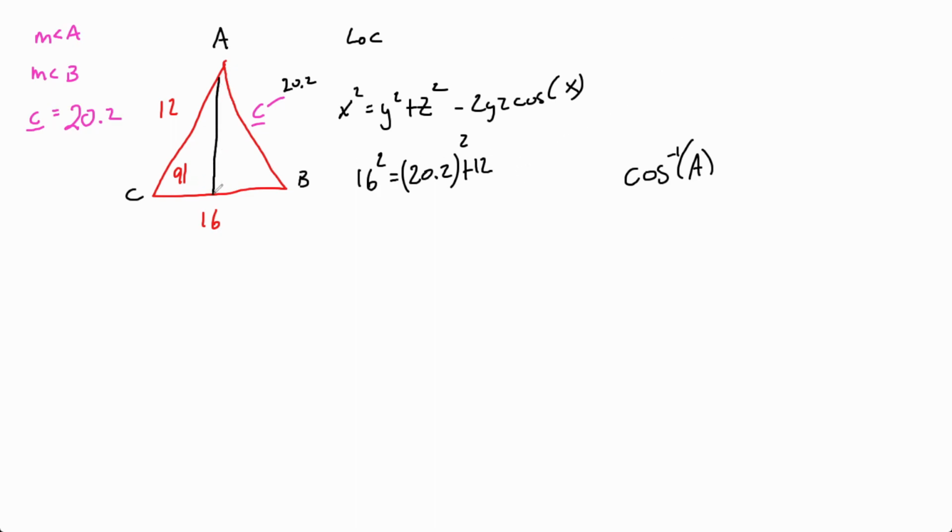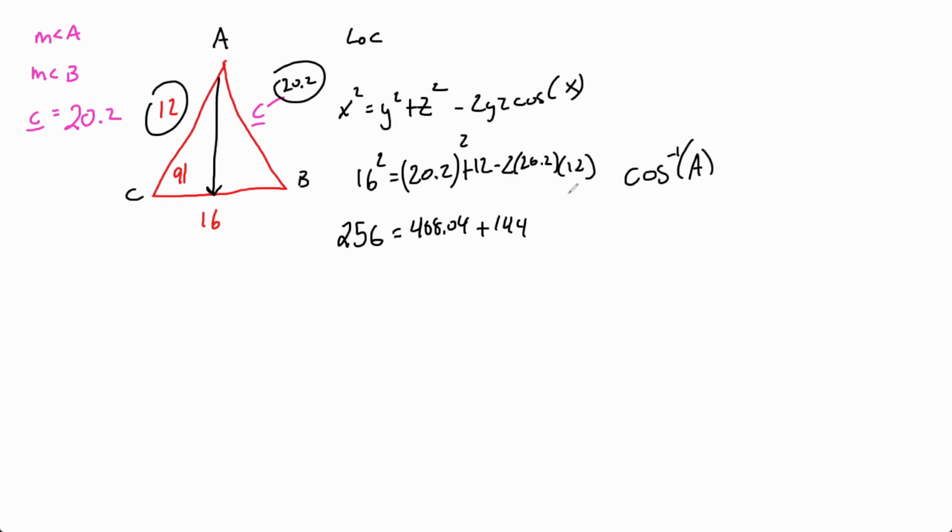Once I secure these two on the outside, what is left over are my y and z, and of course which one is y and which one is z actually does not matter. So I have 16 squared is 256. 20.2 squared is 408.04. 12 squared is 144.